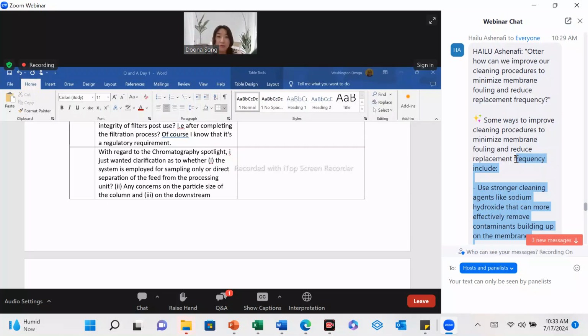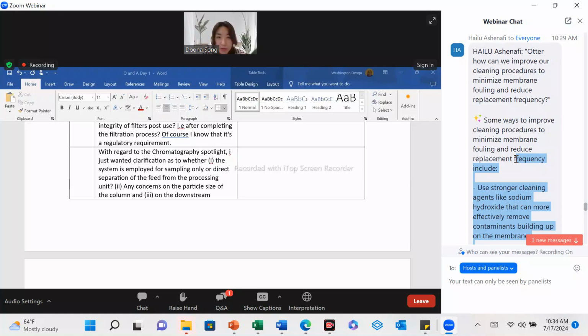Maybe in the downstream process, just direct separation of the feed from the processing. But it depends on the scale. The lab scale could be applied for the sampling, but at large scale, direct separation of the feed from the processing.